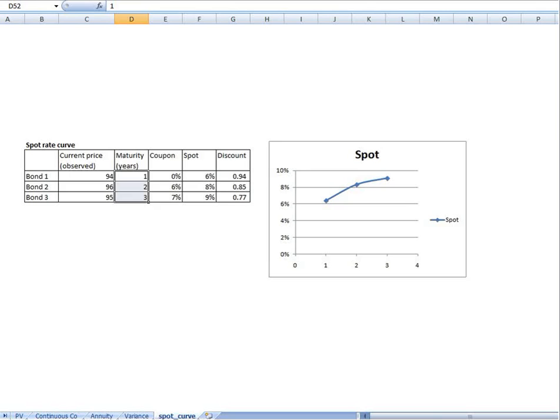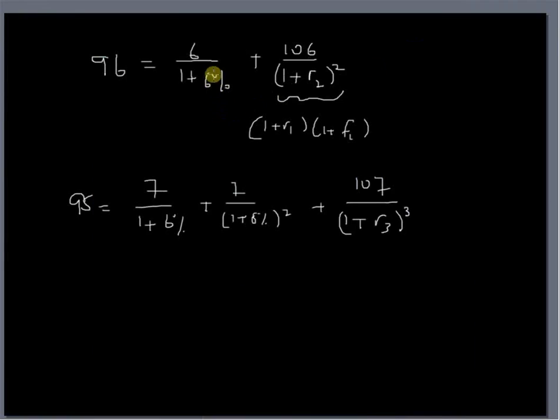Finally, I just want to add what this discount column is for. It's nothing fanciful. It's just the factor that you need to multiply by a coupon. Let's look at this formula.